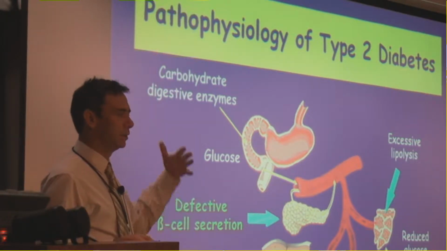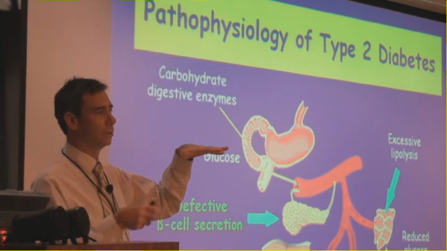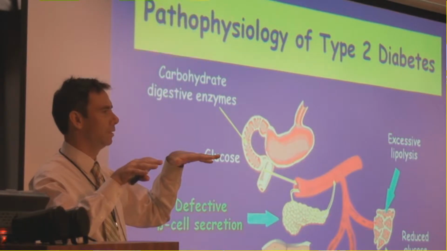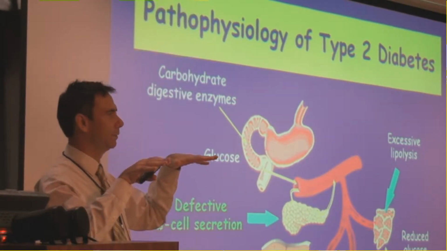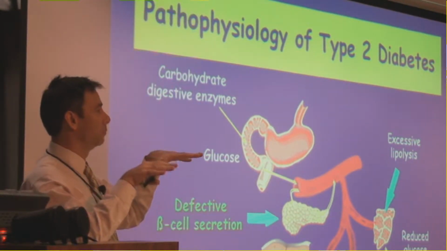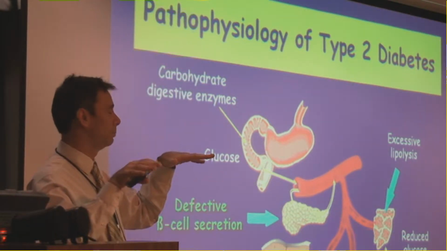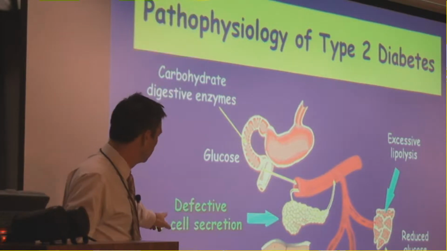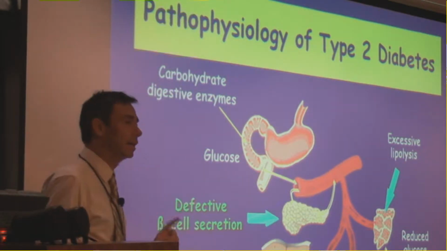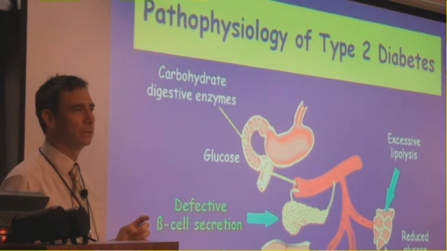So when a person is insulin resistant, and let's say their beta cells were able to prevent that person from becoming diabetic, in 20% of people those beta cells eventually give up. So that's when they become defective, and that is when a person becomes diabetic.